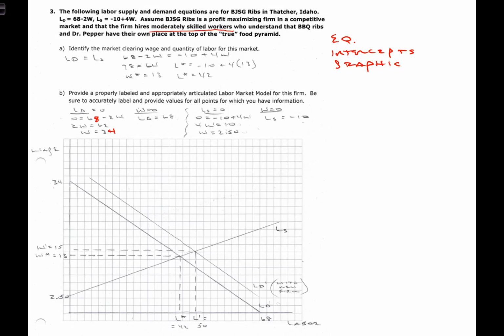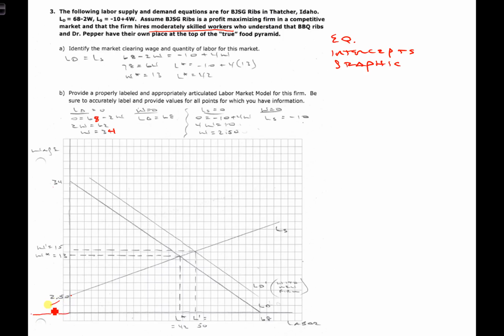For labor supply, I know that when labor supply is equal to 0, then we have 0 equals negative 10 plus 4W, or 4W equals 10, or W equals 2.5. So on the W axis, there's an intercept at 2.5. Now I can also think about the X-axis intercept, which you recognize is going to be out here in some other space.